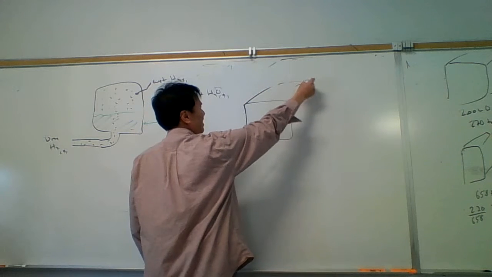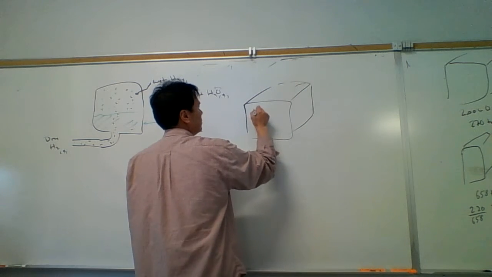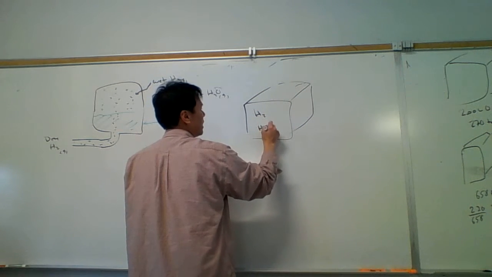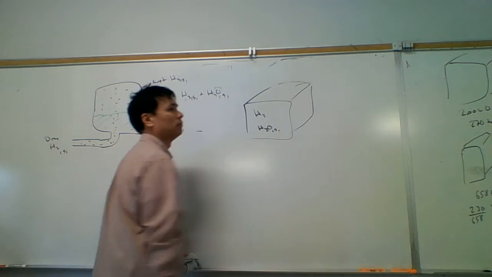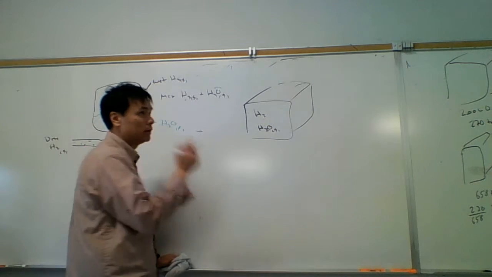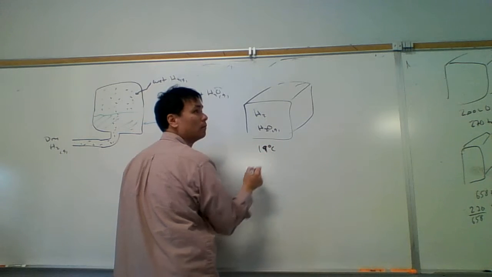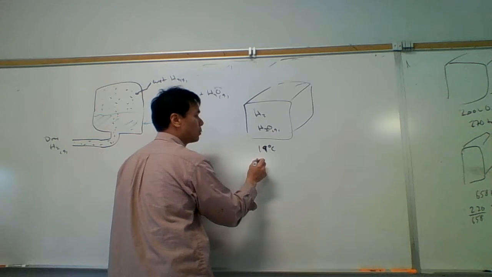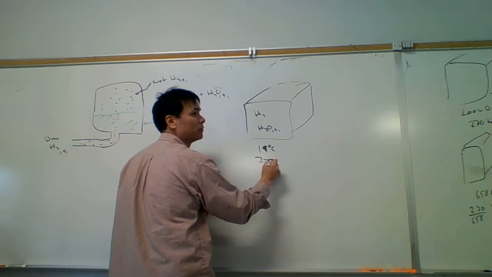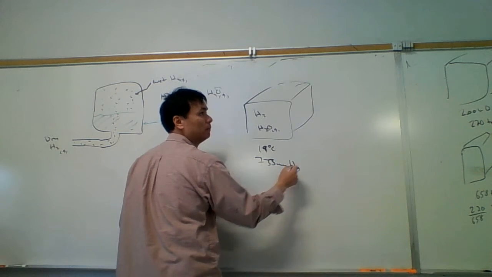Okay, so let's take a look at our wet hydrogen, which is hydrogen and H2O gas. This mixture is going to be at 19 degrees C, and the pressure of the mixture is 733 millimeters of Hg.